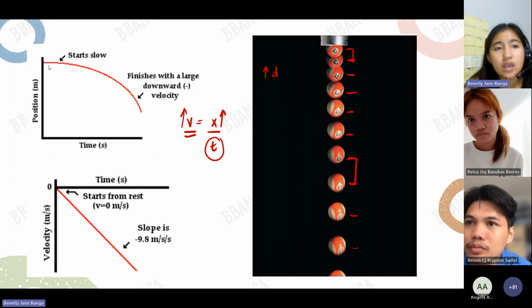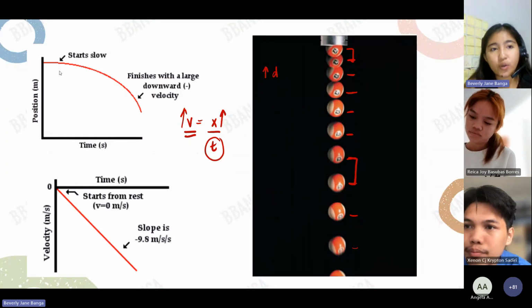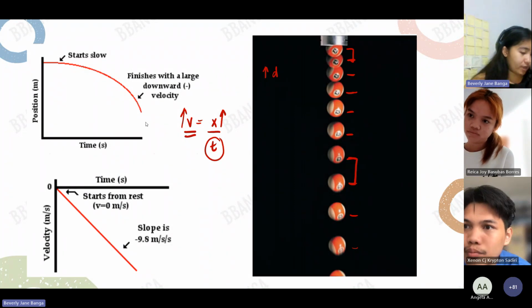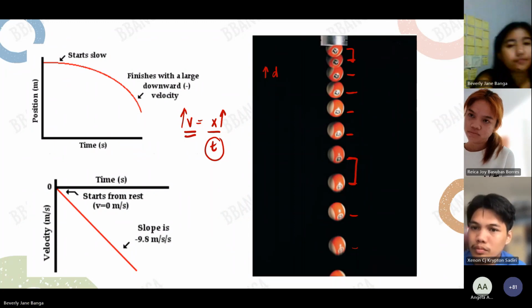As you can see, you have a position time graph and meron tayong curving kasi hindi constant yung velocity niya habang bumababa siya. So, it starts very slowly but then it would go downward very fast. Bumubulusok siya pababa.